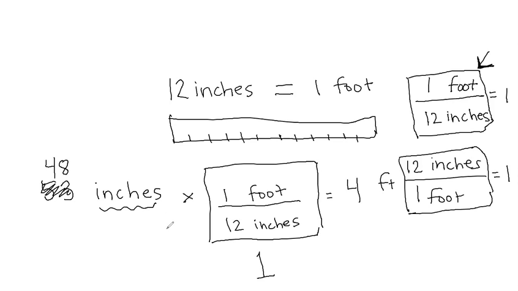And I'm trying to think of a way to explain this. The reason that you pick the version that has the unit that you want on top is that, remember, when you multiply... okay, hold on. Let's sidestep for a second. Let's make this algebra.